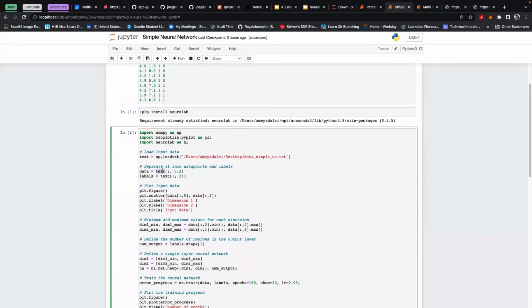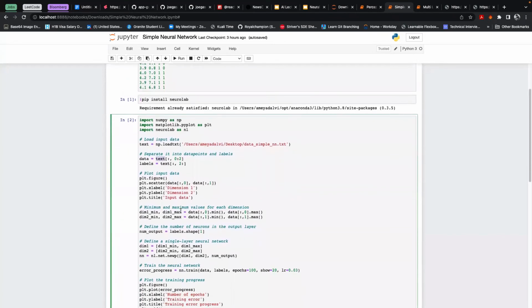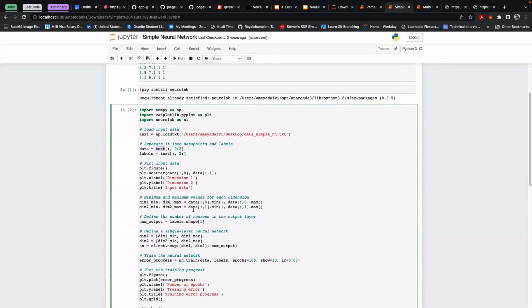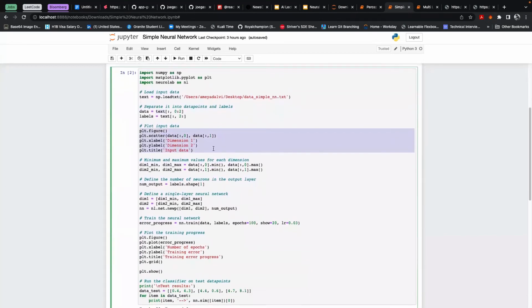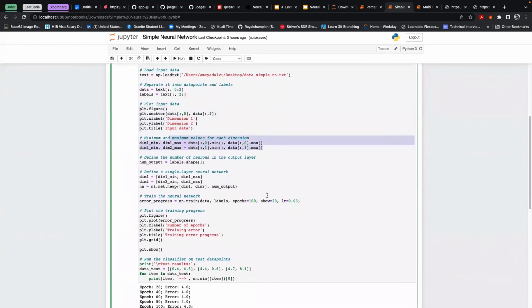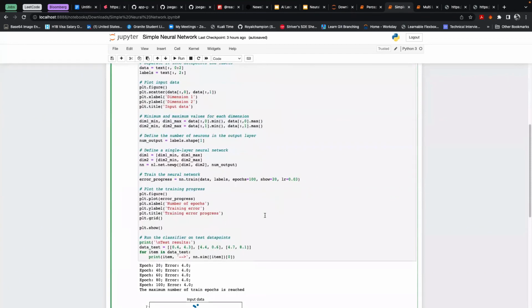So after we load it into the text, we separate the data into data points and labels. Then we plot the data, and then we extract the minimum and maximum values for each dimension. Now we define the number of neurons in the output layer.